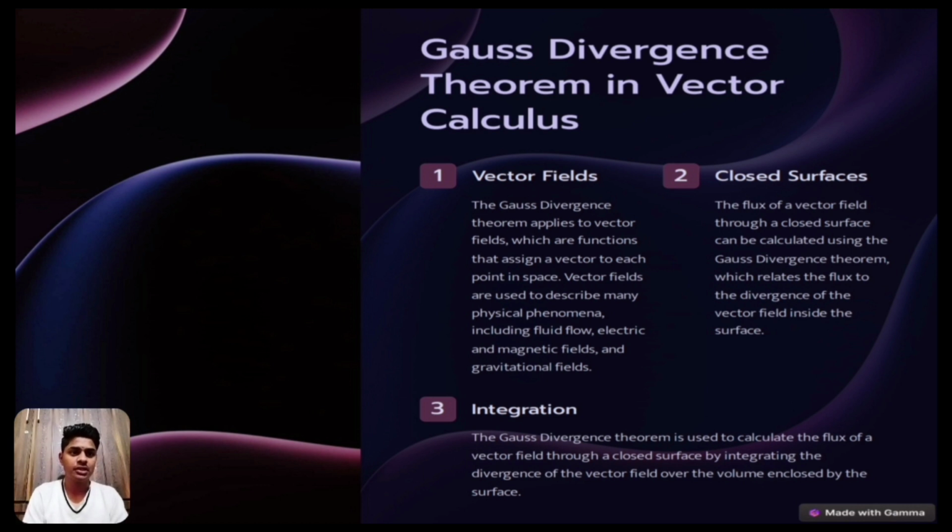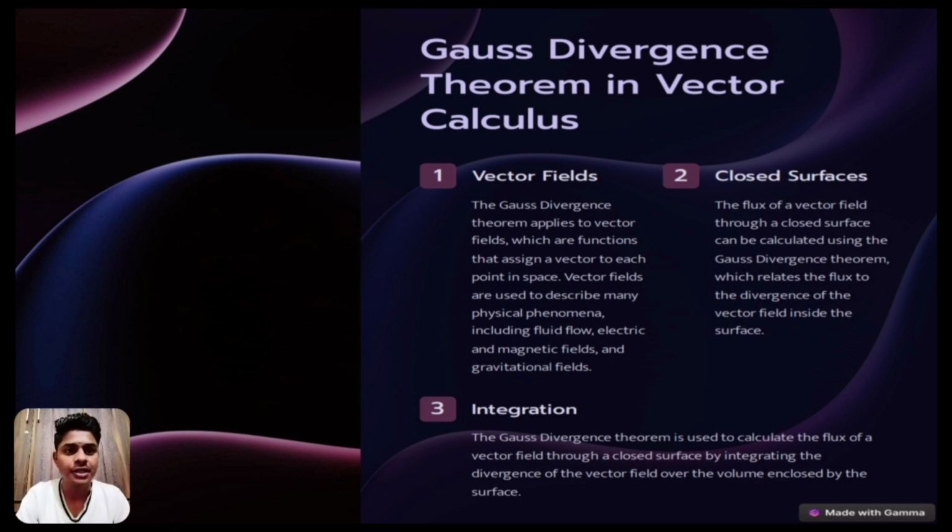Gauss divergence theorem in vector calculus. Vector fields. The Gauss divergence theorem applies to vector fields, which are functions that assign a vector to each point in space. Closed surface. The flux of a vector field through a closed surface can be calculated using the Gauss divergence theorem, which relates the flux to the divergence of the vector field inside the surface.